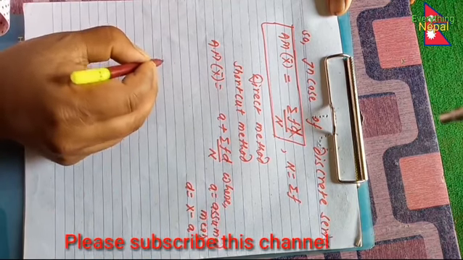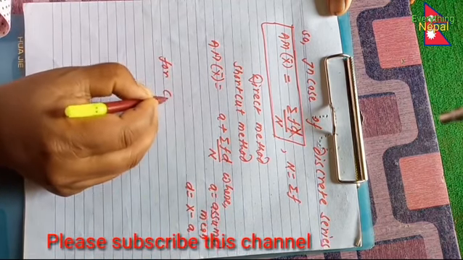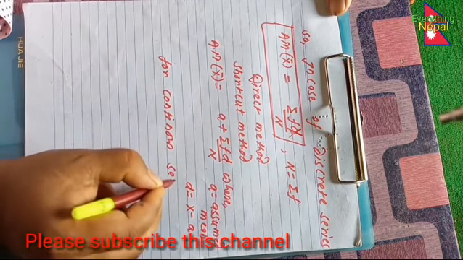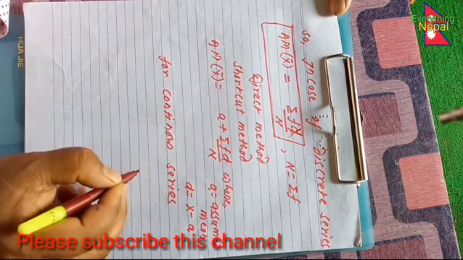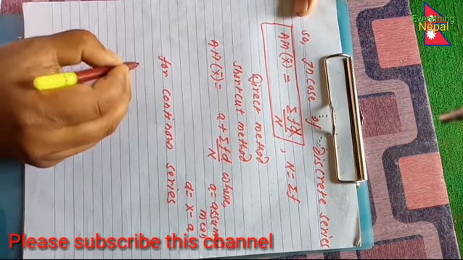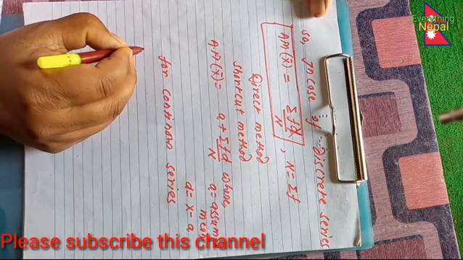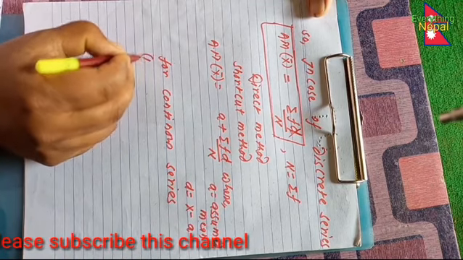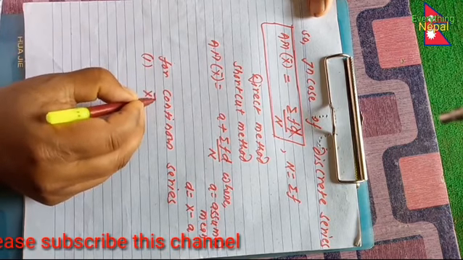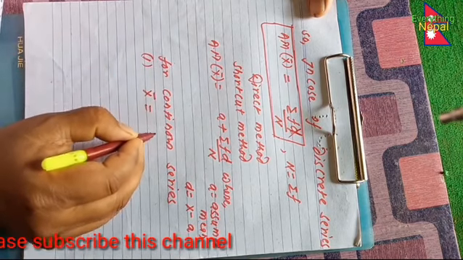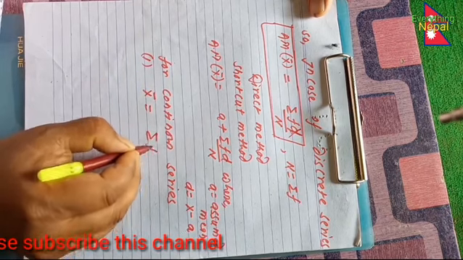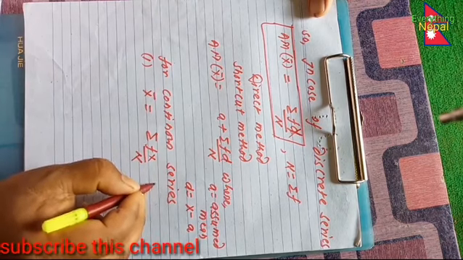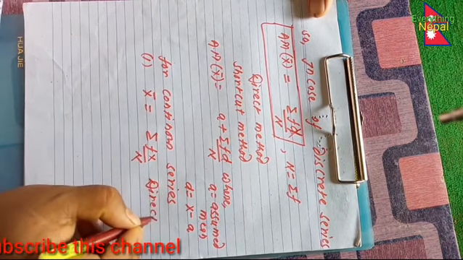Similarly, for continuous series, the formula from the direct method becomes: number first, x bar is given by summation fx by N. This is the direct method.